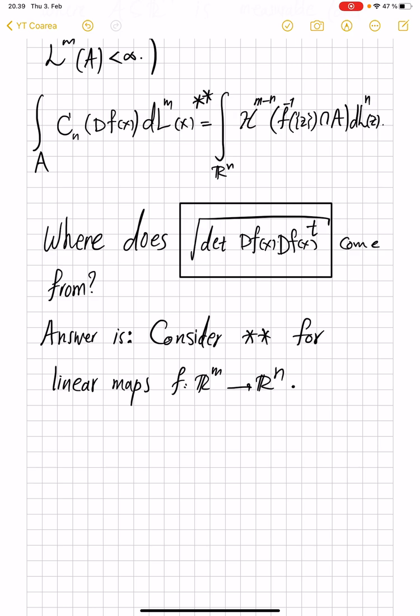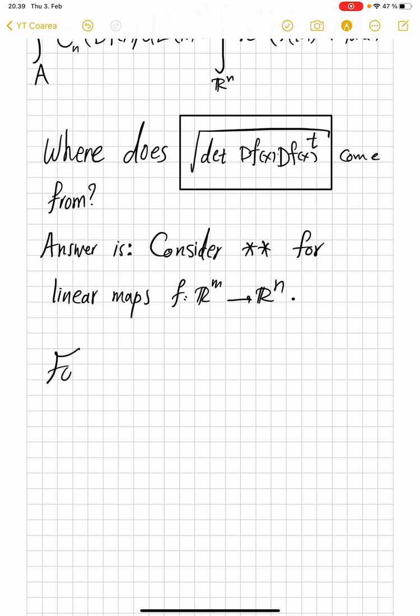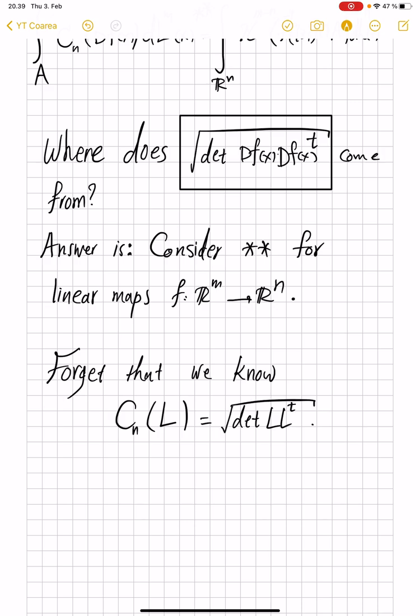Okay, so at this point, I actually invite you to forget that we know the Coarea factor of a matrix or a linear map is given by the square root of determinant L L transpose. And we want to get to this quantity by organically investigating the double star formula rather than cheating.